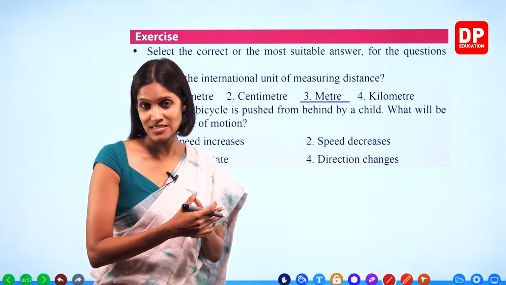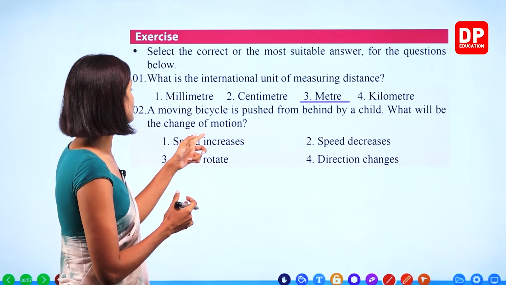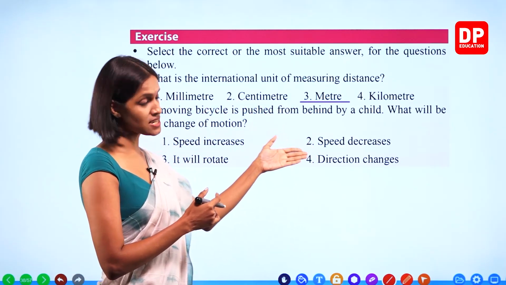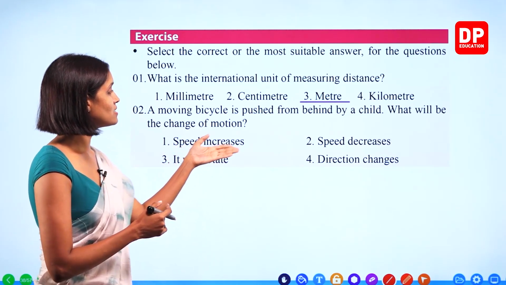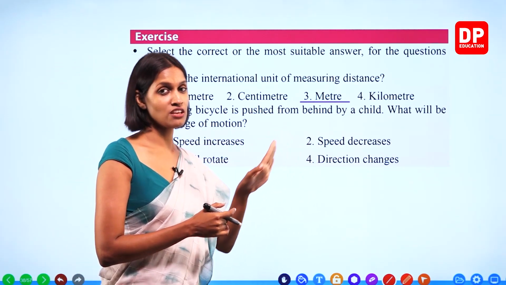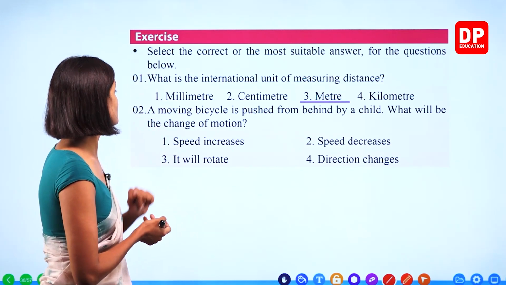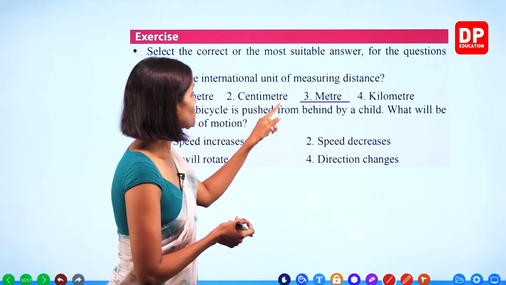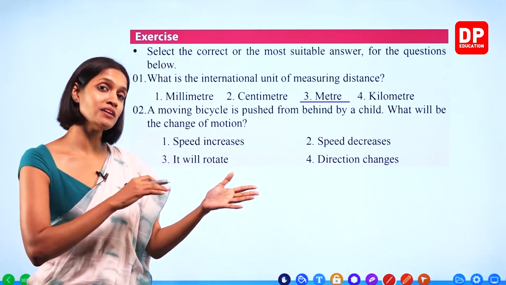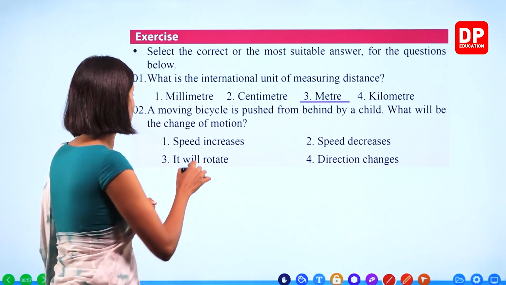Speed will increase, right? Speed increases, speed decreases, it will rotate, direction changes. If it is in the same direction, what will happen? Speed will increase. A moving bicycle is pushed from behind by a child, right? From behind means in the same direction of moving.